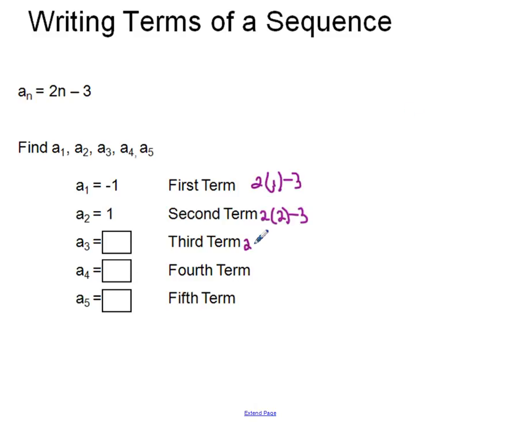This is 2 times 3 minus 3. Fourth term is 2 times 4 minus 3. And my fifth term is 2 times 5 minus 3. Hopefully you've got your calculator with you and you're typing these in, because our next terms are 3, 5, and 7.